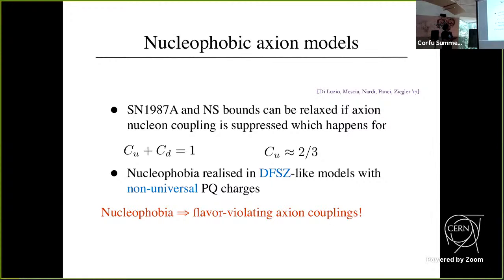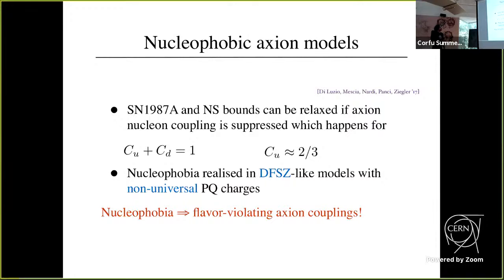And this happens when these two relations for the couplings of the axion to up and down quarks are satisfied. This cannot be done in standard axion models. I mean, one of them could be satisfied, but not both simultaneously.